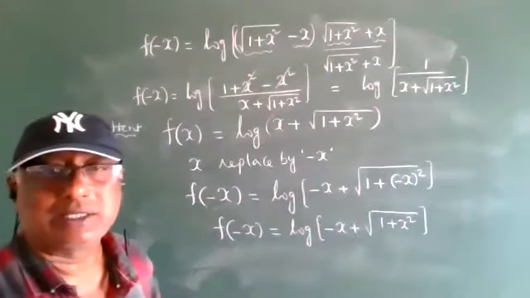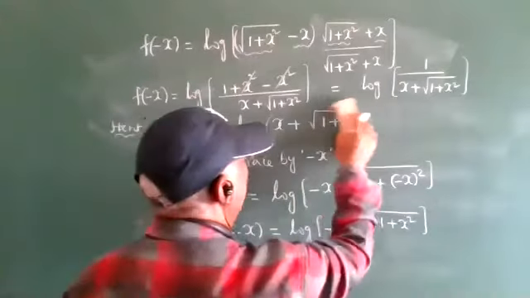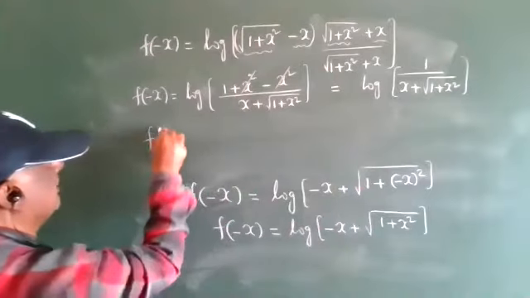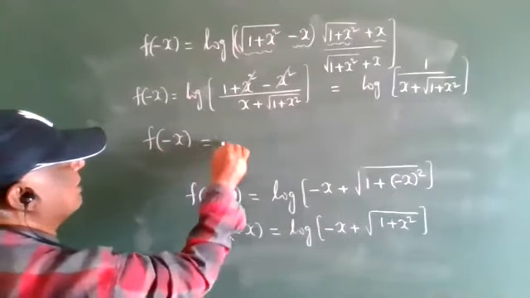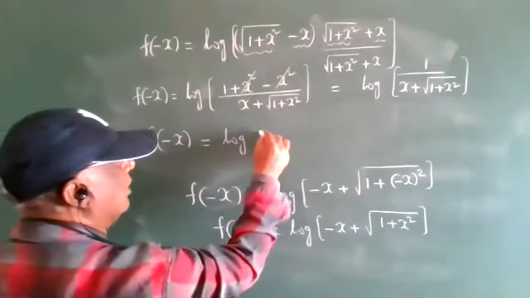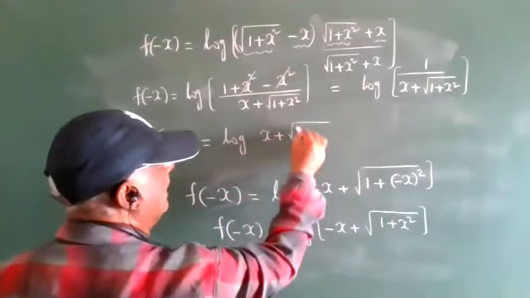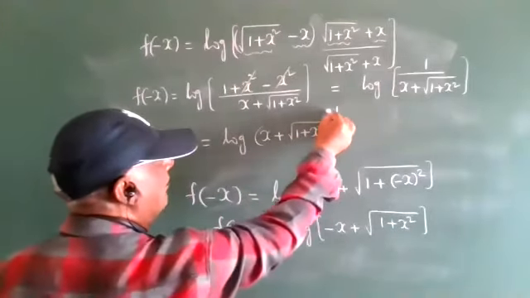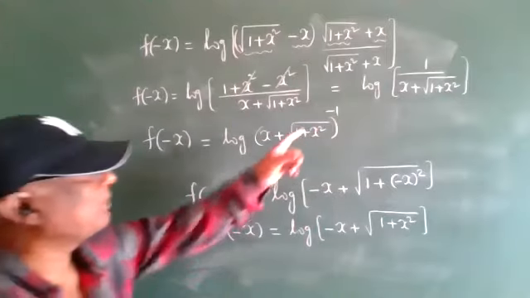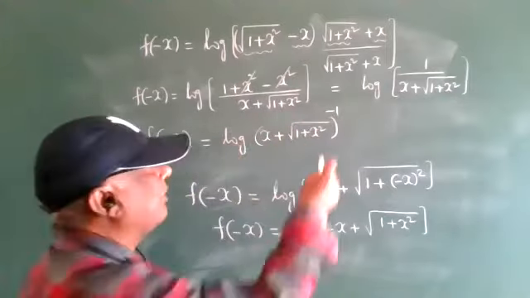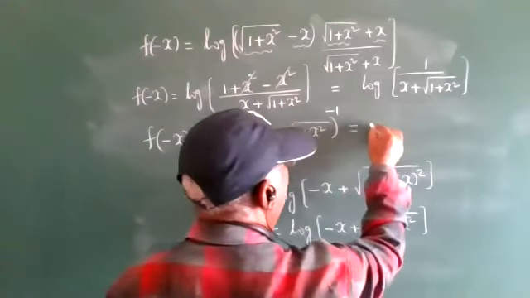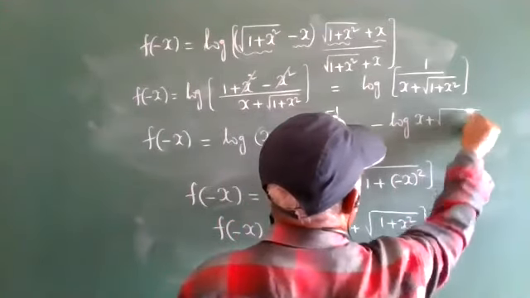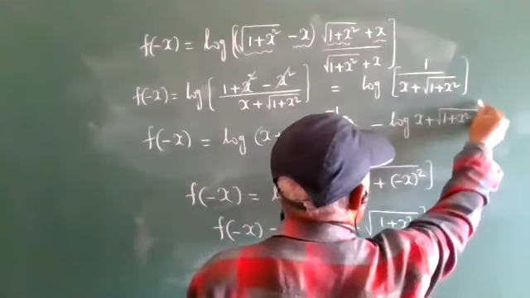This is a reciprocal function. So this can be written, everyone observe, f of minus x is equal to log of the reciprocal, so the power will become negative. In logarithm, any power that is there should come before. Therefore, minus 1 comes before: minus 1 into log of x plus root over 1 plus x square.